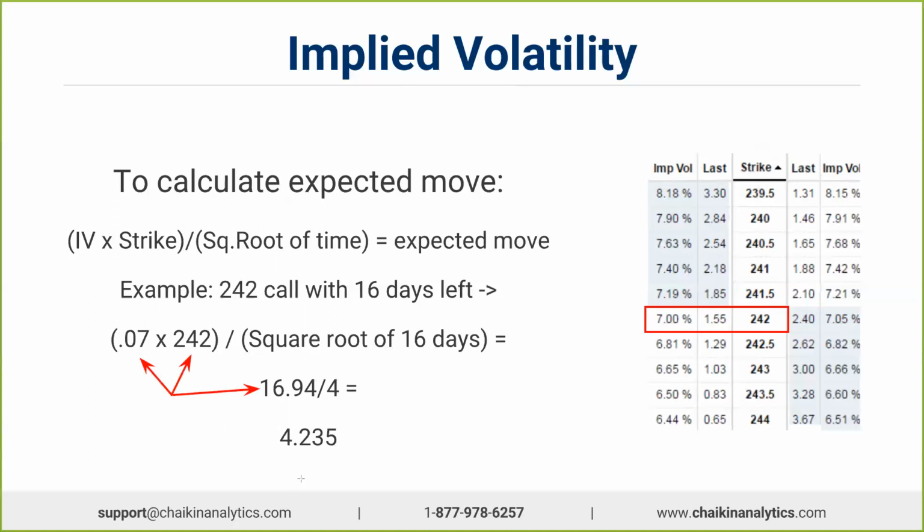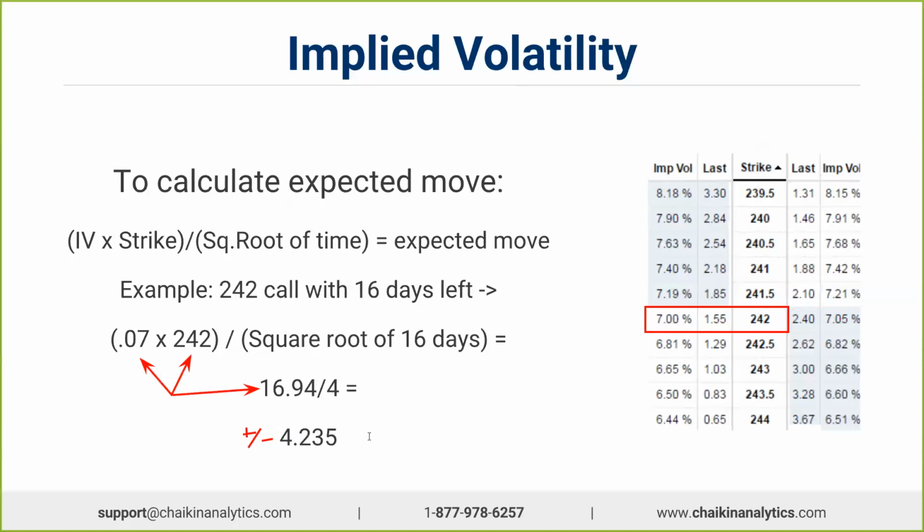Now, this expected move does not mean higher because it's a call. This is what we call a plus minus, which means we can then calculate that the 242 strike, it's pricing in a move to 246.23.